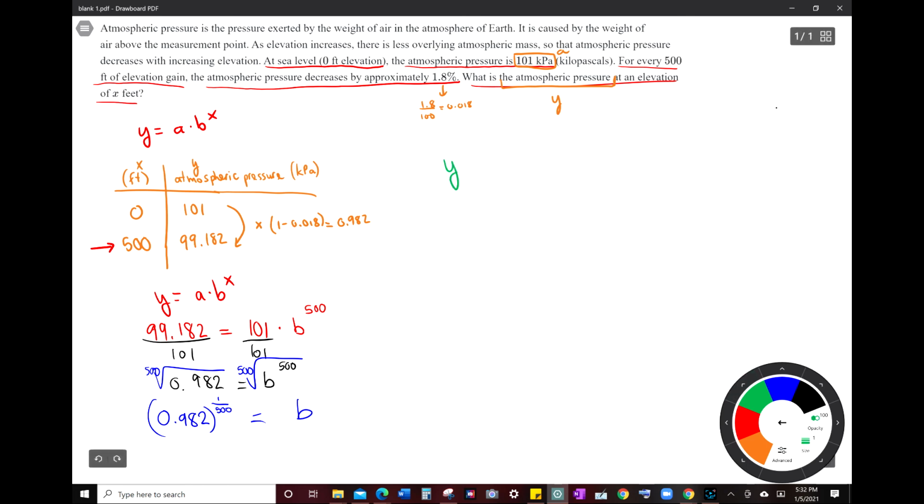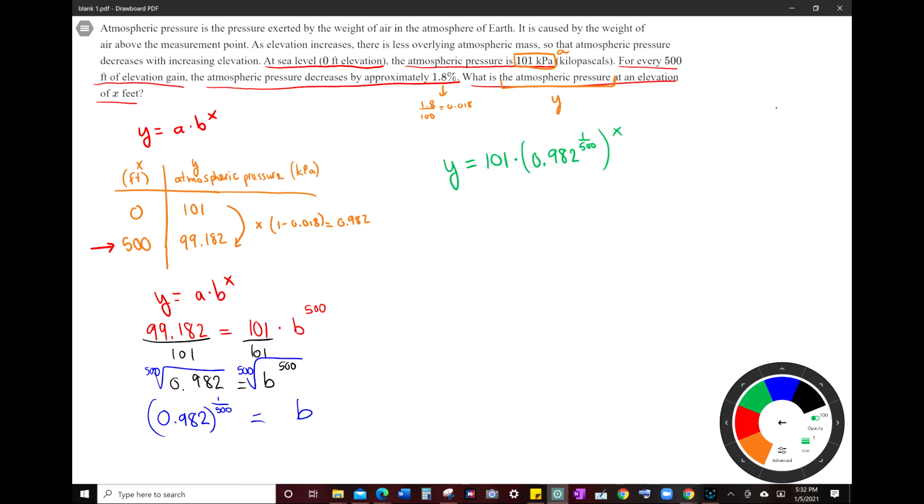So y equals, again, my a, the initial value when the elevation is at 0 feet, which is 101, times the factor that I just found, 0.982 to the 1 over 500, raised to the x power.